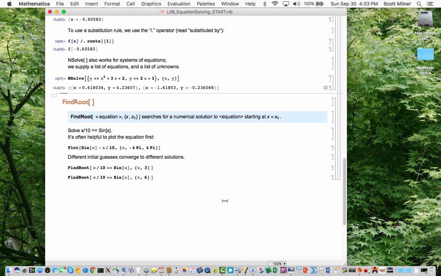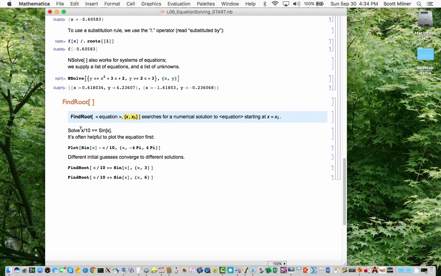In contrast, the function FindRoot, as I said before, searches for a numerical solution to one or more equations, but starting with an initial guess, and it will return only the solution which is in some way closest to this initial guess.